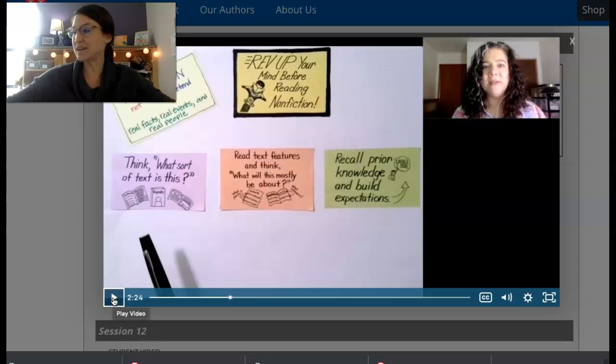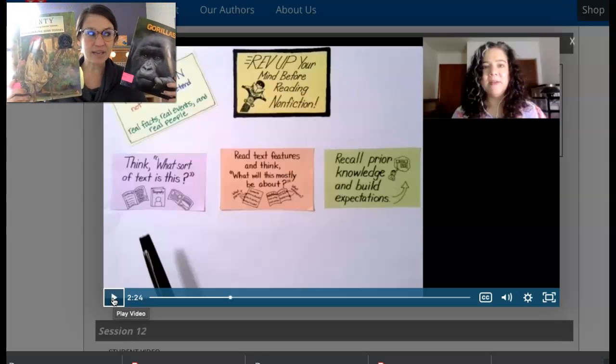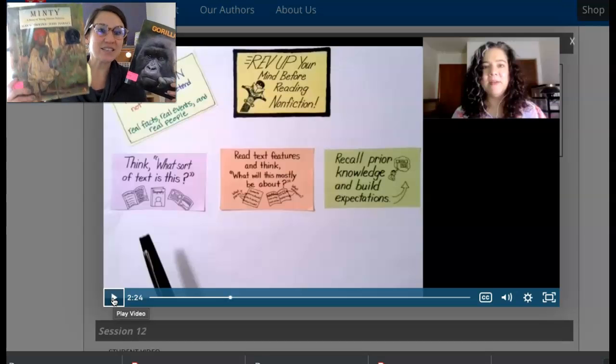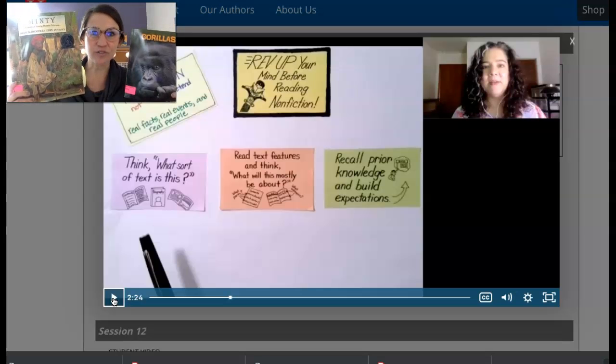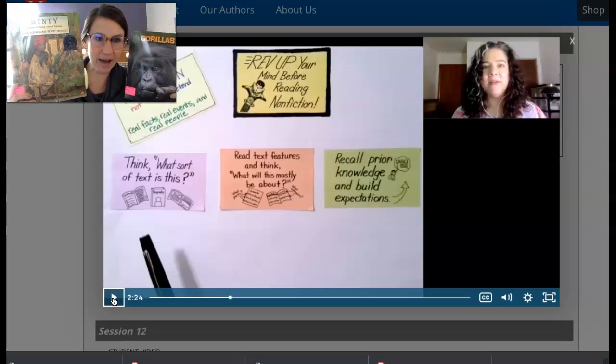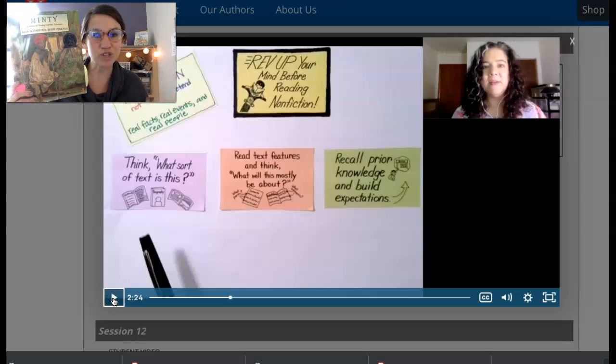So that's like picking up these two pieces of nonfiction. Before I get ready to read, I need to ask myself, what sort of text is it? Is it an expository nonfiction text where I need to look for all of those things we've already learned about? Or is it a narrative nonfiction and I need to approach it as a story that has facts embedded in it?